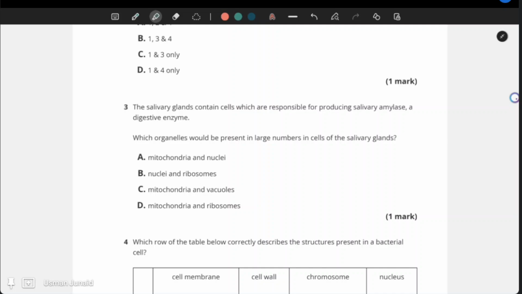Am I audible? Yes, sir. Right. So what is the function of ribosomes?